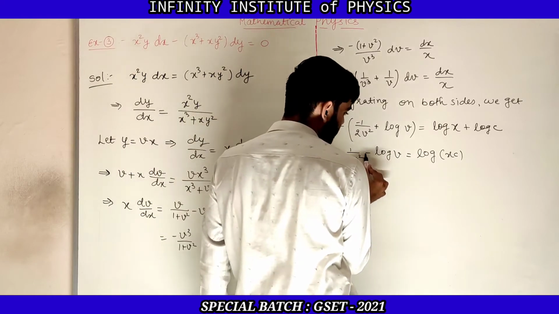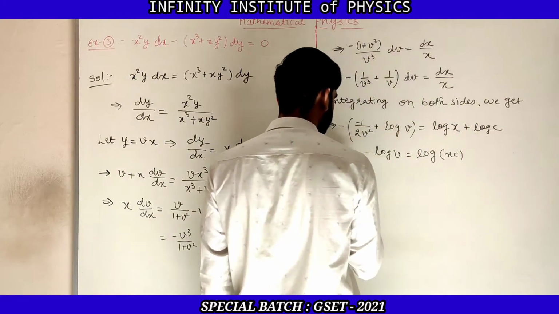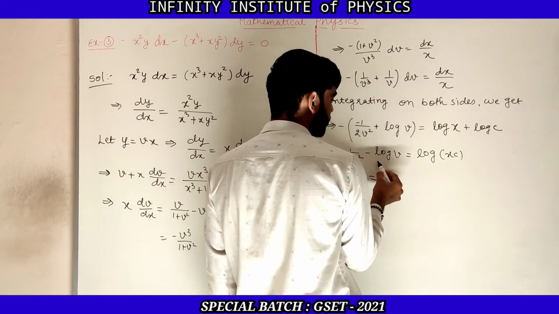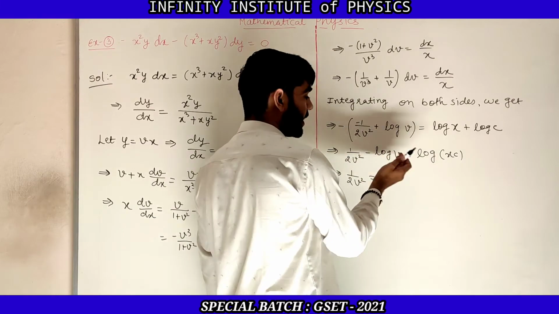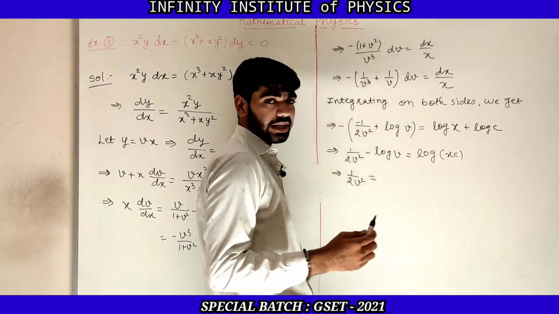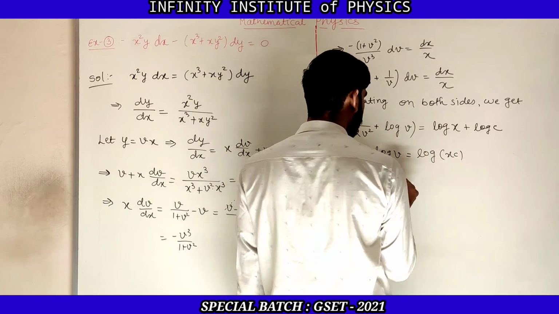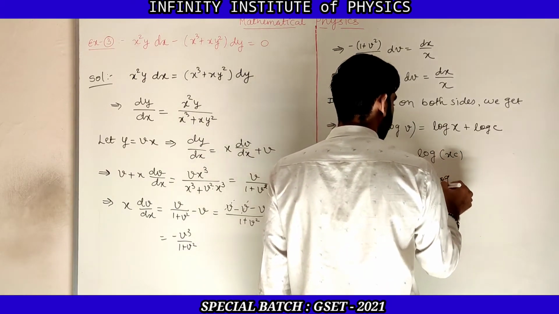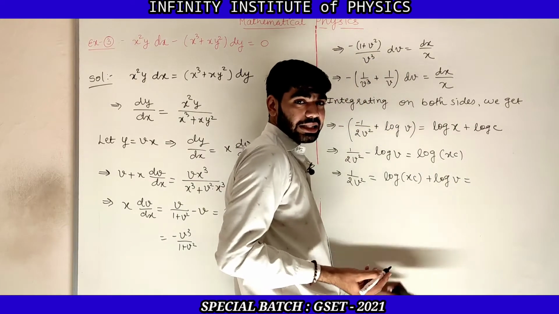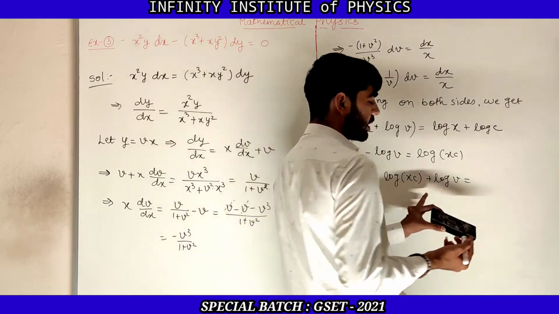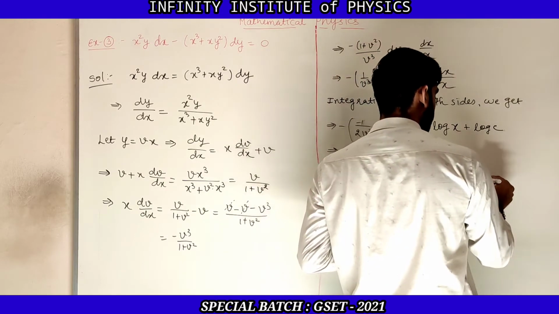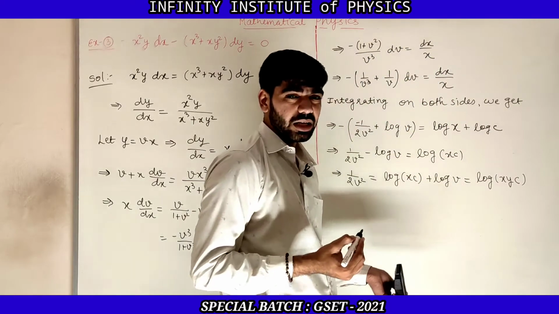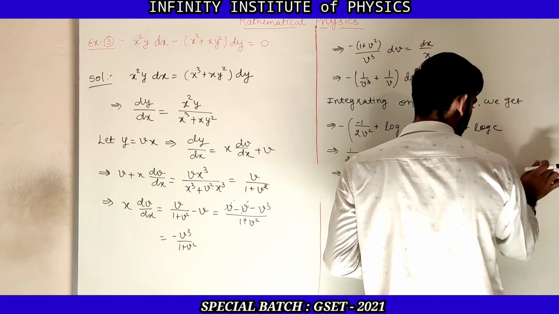Now let us take this minus log v on the right hand side, then it will be 1 upon 2 v square, which is equal to, now this log v is minus on this side, if we take it on the right hand side, then it will be plus, so again it will be log of xc plus log v. But again this is in the form of log a plus log b, so it is log ab, so it is log x v c, not y c.